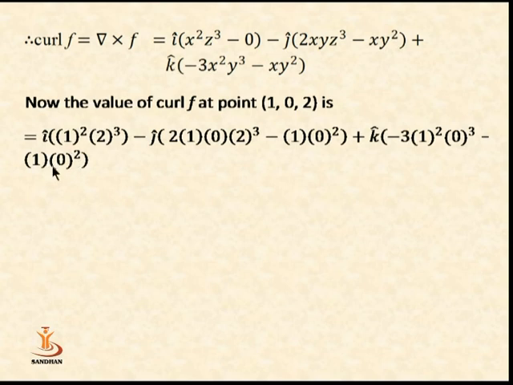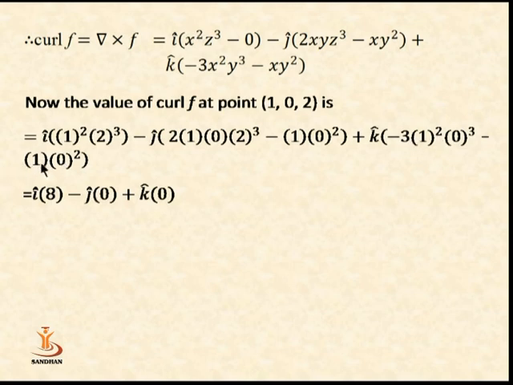Thus we get only this 1 squared, that means 1 times 2 cubed is equal to 8. Here 0 is available, thus the multiplication of this is 0. Again the multiplication of 1 into j is 0. Again 0 is available, thus the multiplication of this term is also 0.